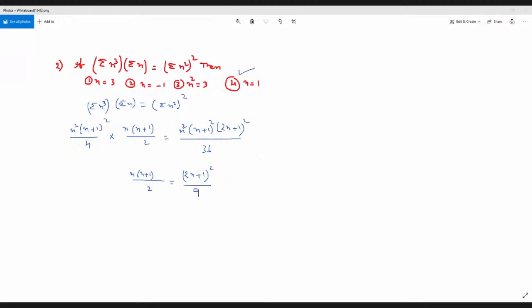Consider n is equal to 3: it is 3 into 4 by 2, that is 6. The RHS is 7 square by 9, that is 49 by 9. Both are not satisfied. So by verification, n is equal to 1. Please note down.